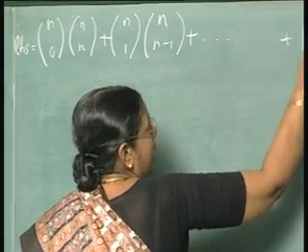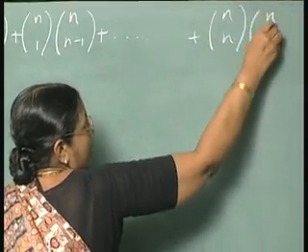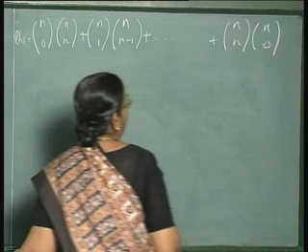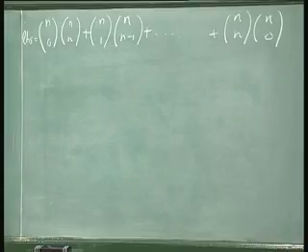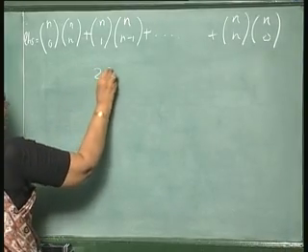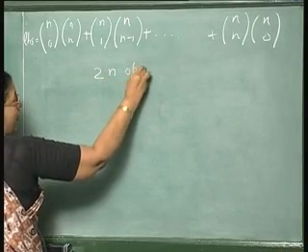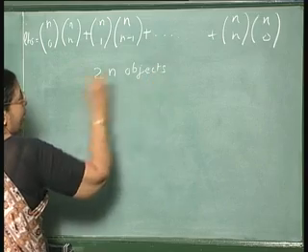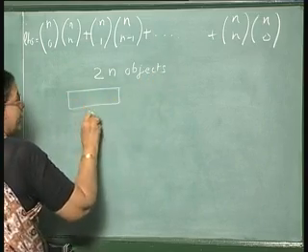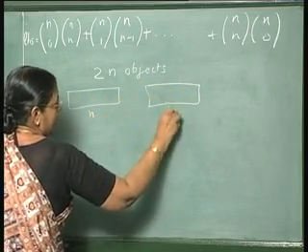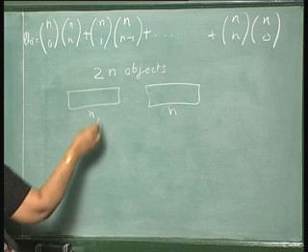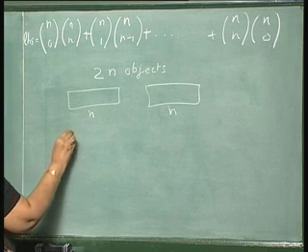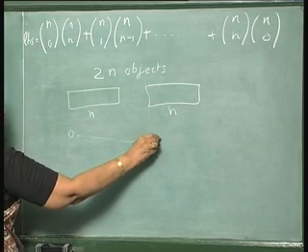By a combinatorial argument, what does this represent? You have 2n objects and you separate them into two sets of n objects. Now, I want to choose n objects out of 2n objects. I can choose 0 from here and n from here, which is given by this expression, or I can choose 1 from this set and n minus 1 from this set, and that is given by this.